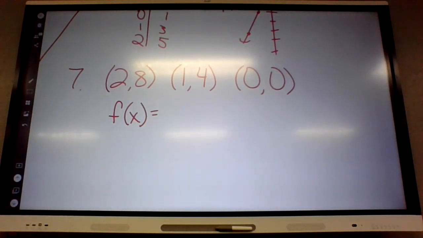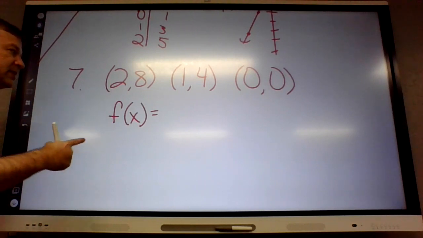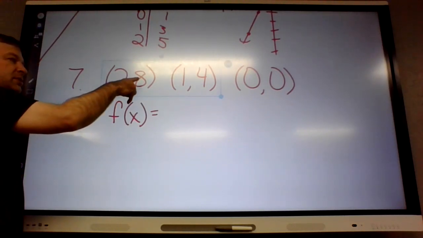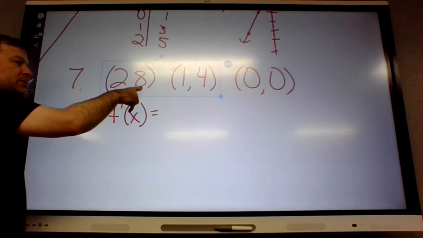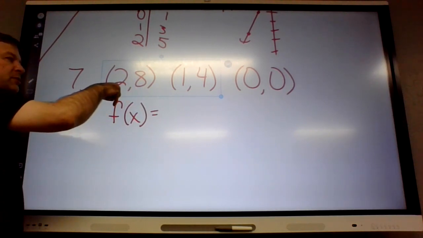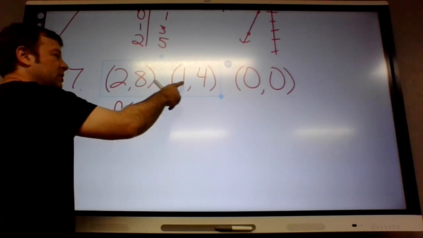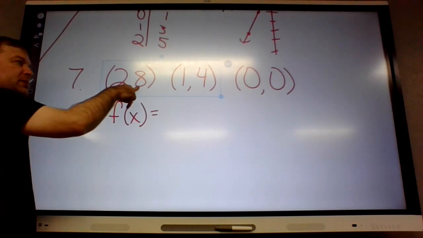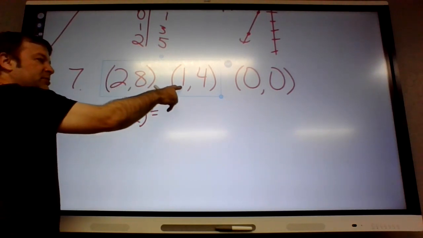Okay, the way that you figure out what the function is, you look at what they are doing to the x value to turn it into the y value. So how can I get from 2 to 8 and 1 to 4? What's one way to go from 2 to 8? Okay, you could add 6, but does adding 6 work over here?